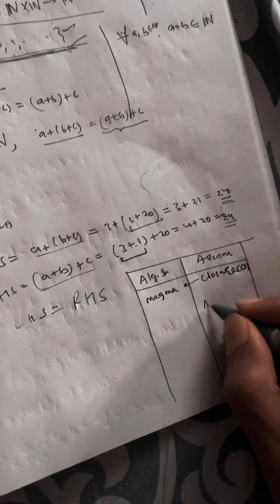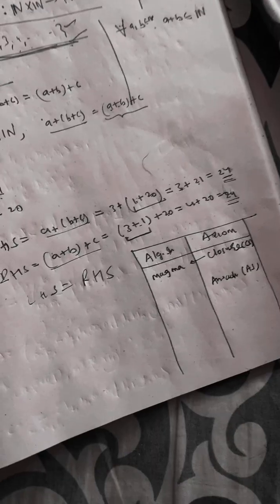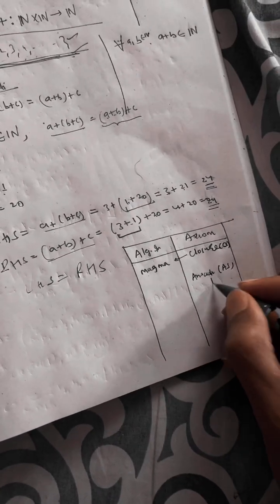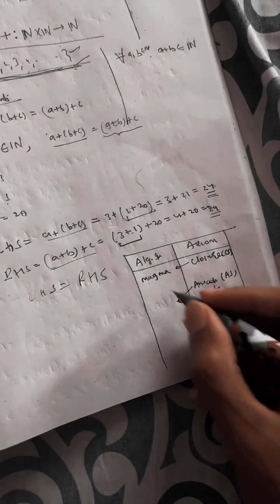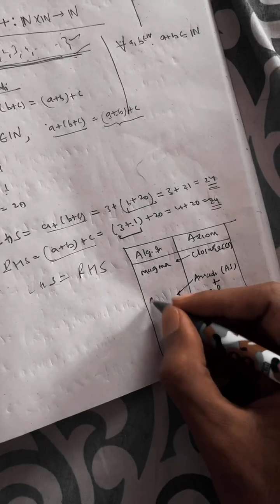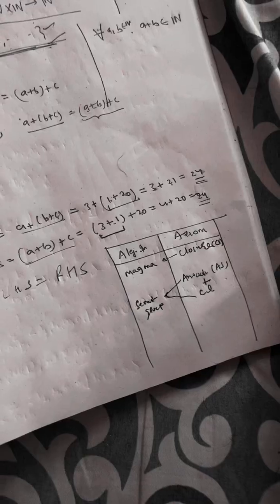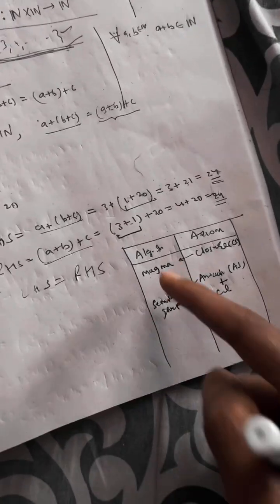Now for associativity, my notation will be AS. If an algebraic structure satisfies associativity plus closure, both, then the name of the algebraic structure will be semi-group.